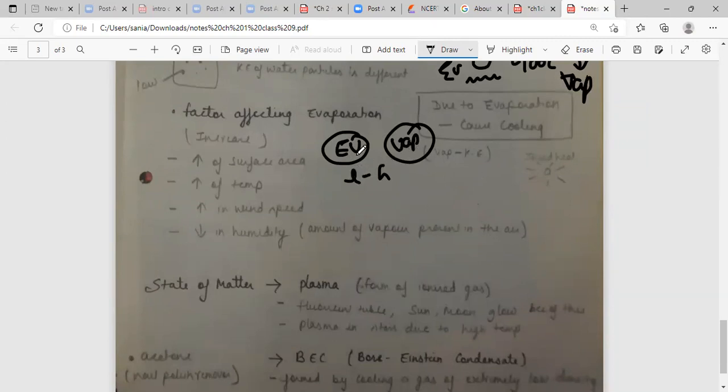But basically, if you want to convert liquid into gas, for example, this is your liquid, you need to heat it up to the boiling point, 100 degrees Celsius.